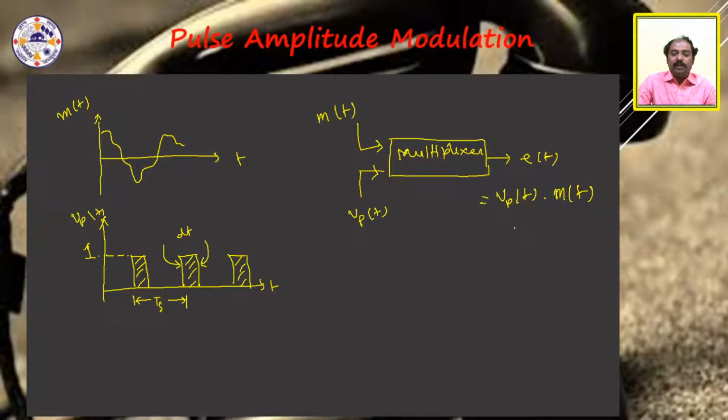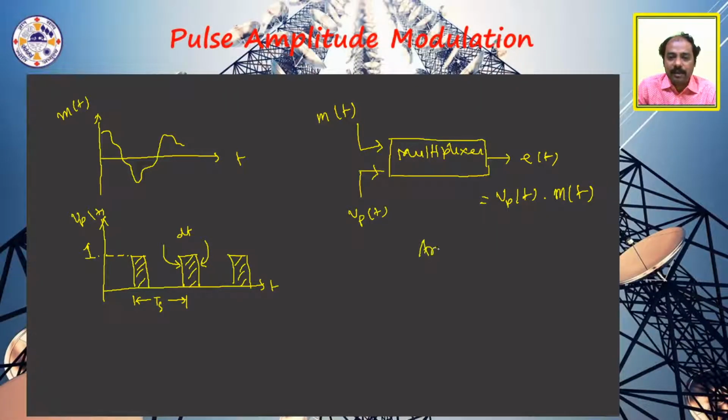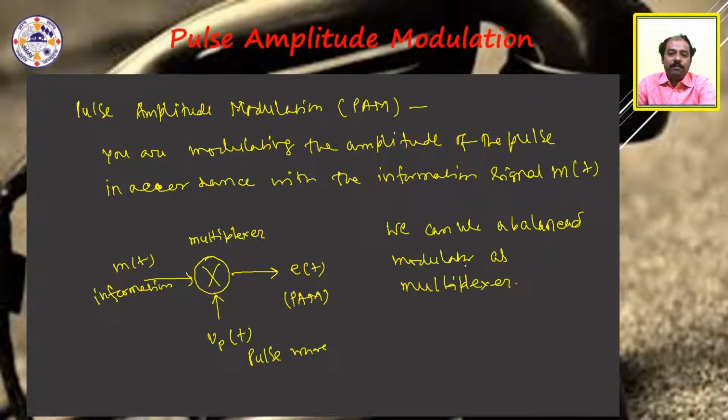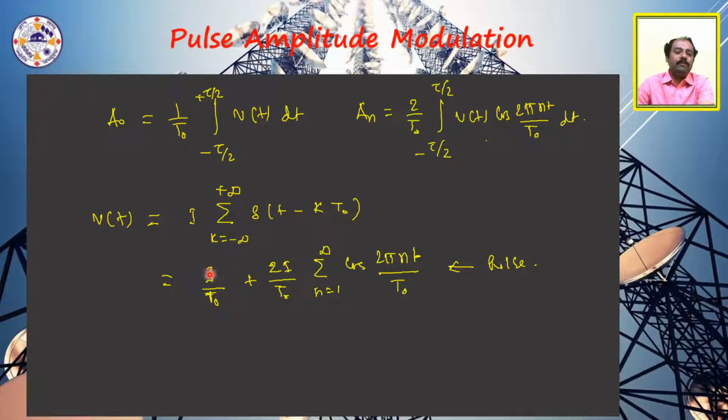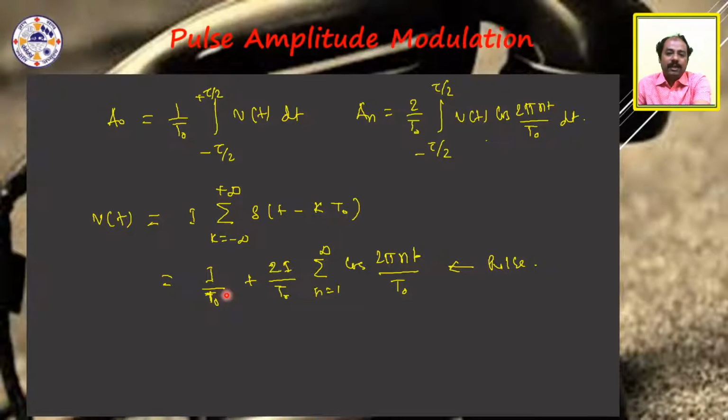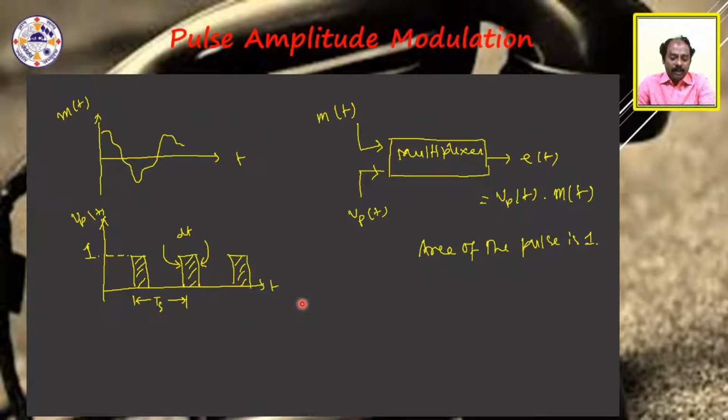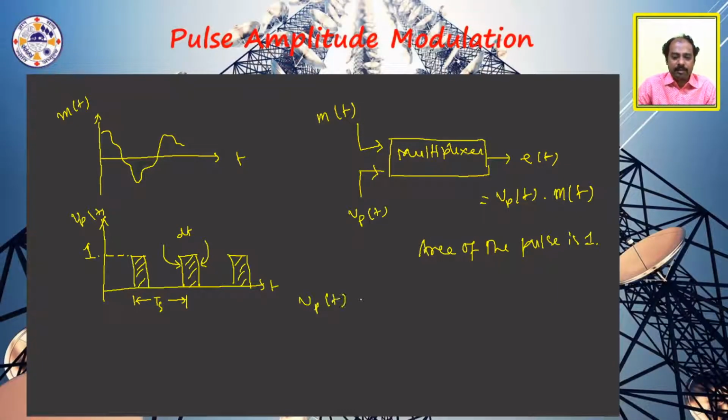So here the area of the pulse is 1. In our previous expression, we considered here I. You can remember that. Now I will replace I by 1 and I will replace T0 by Ts. Fine. So what would be the expression of v(t) in our case? So v(t) is equals to dt by Ts.